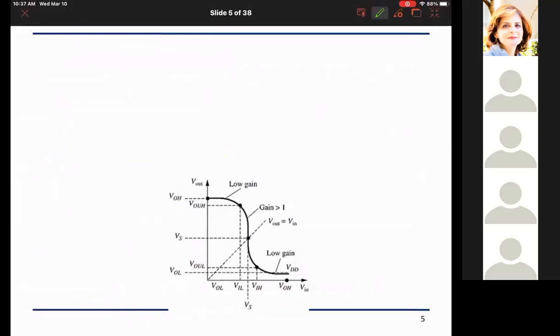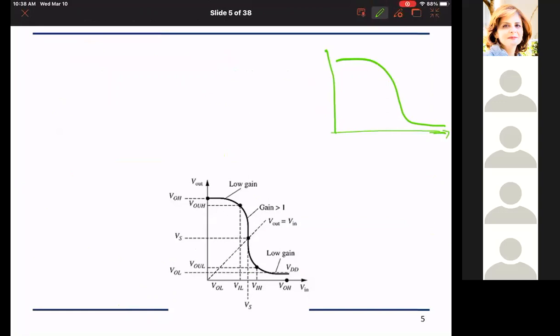Now if I look at a circuit voltage transfer characteristic in real life, the VTC of an inverter will be more like an S function but flipped, meaning an inverted sigmoid.